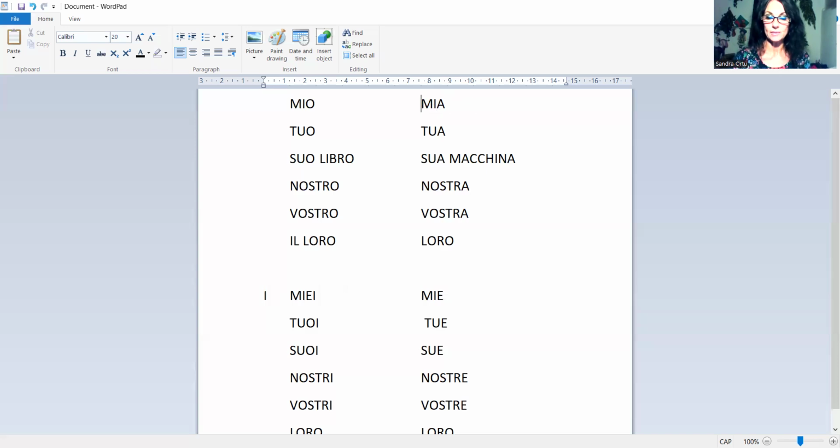We do not need an article before the possessive. So the rule is that we need an article before the possessives with everything, except when we're talking about a single member of family or a single family member.